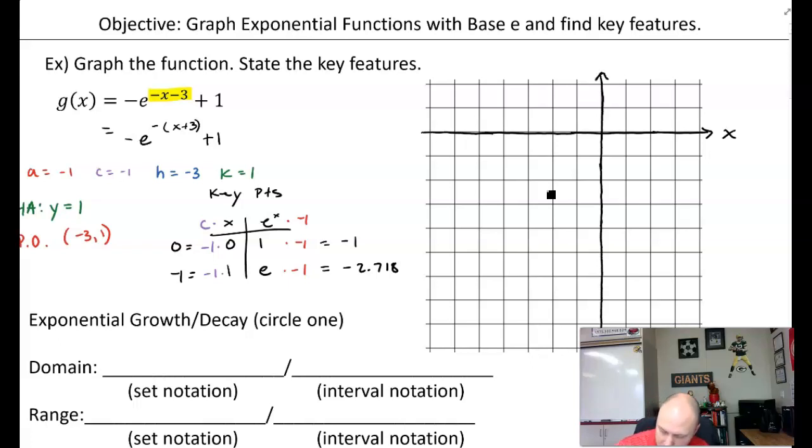Okay, and here's y. And we have our horizontal asymptote at y = 1, with our pseudo origin on that asymptote left 3. So there's our pseudo origin.